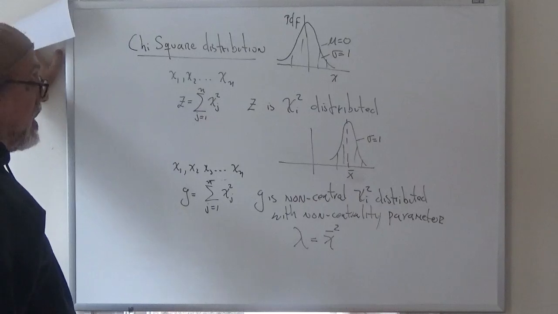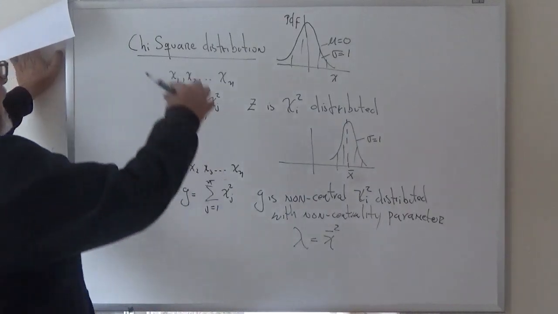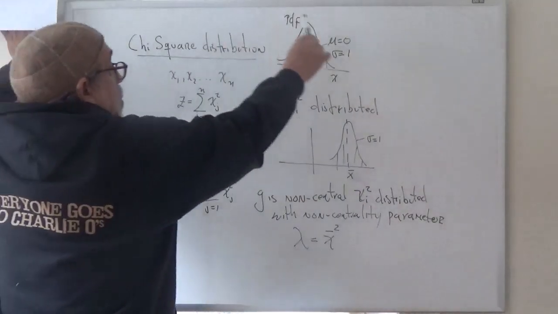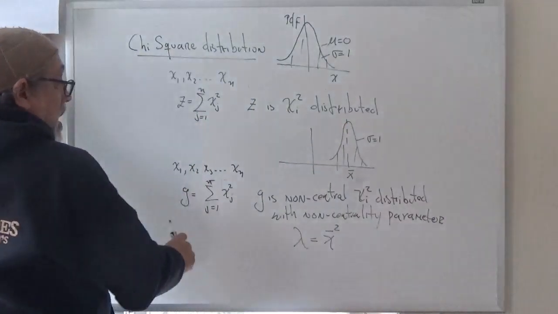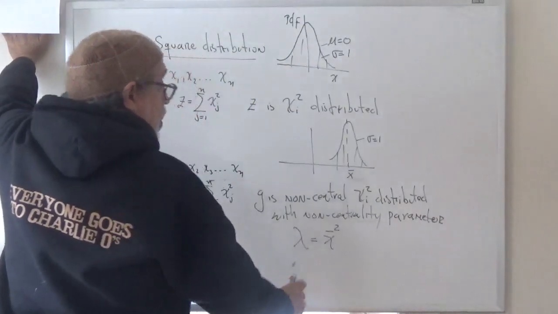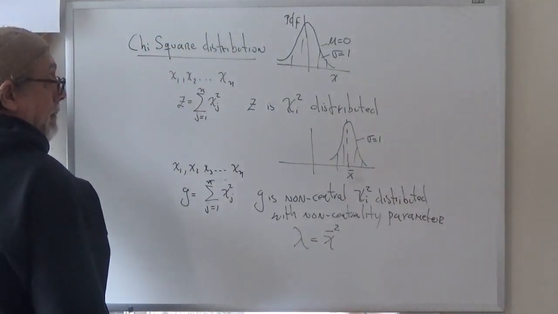Okay? That is the real fundamental chi-square: chi-square distribution with zero mean, chi-square distribution with non-zero mean.